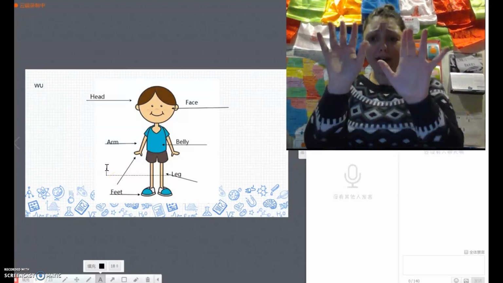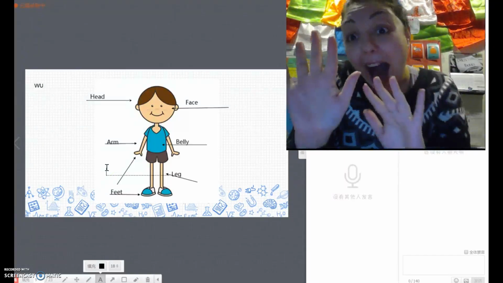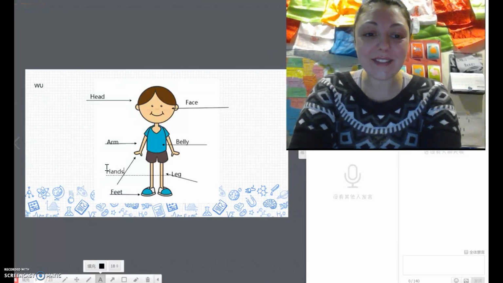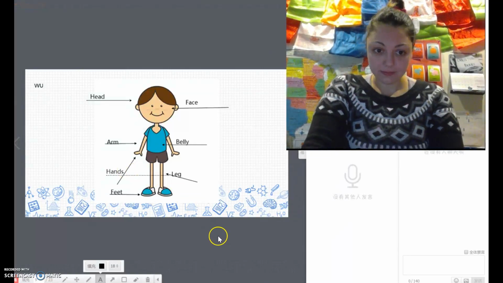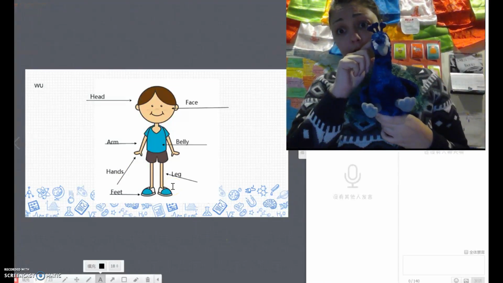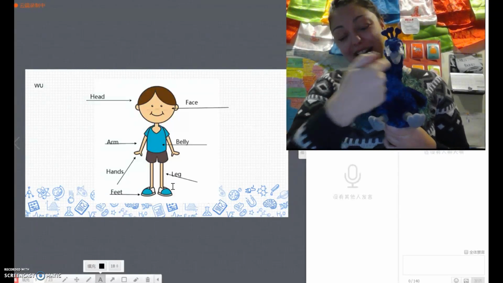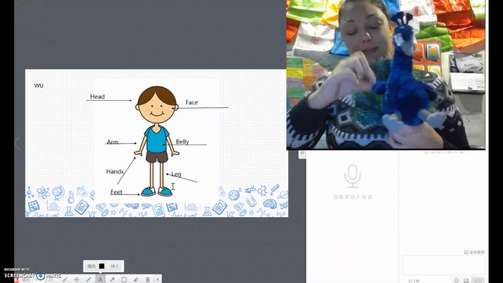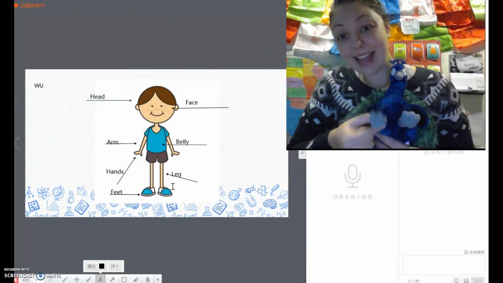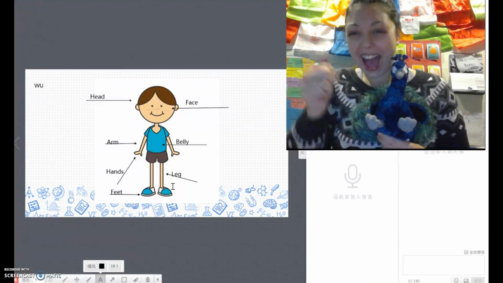And Lily doesn't have any hands. Right? Lily doesn't have any hands. So let's quickly go over Lily's head. Lily's face. Good. Repeat after me. Arms. Legs. And feet. 1, 2 feet. Good.